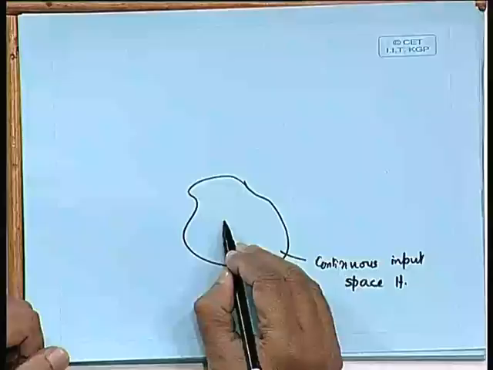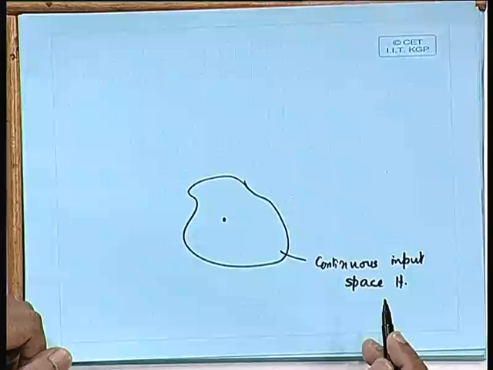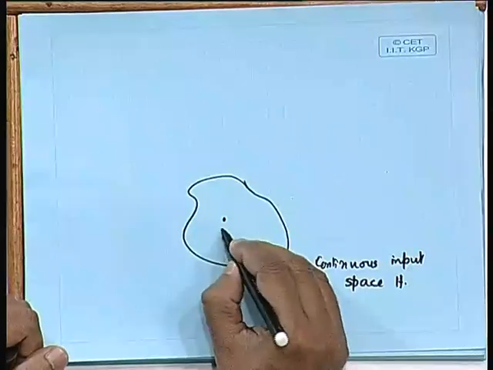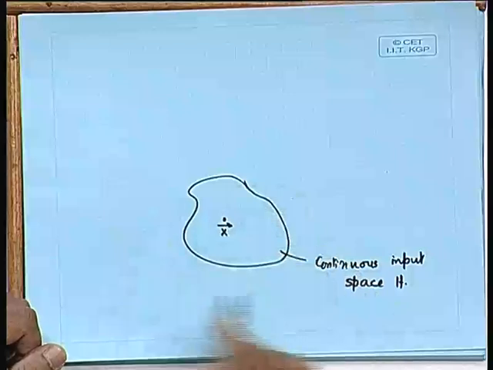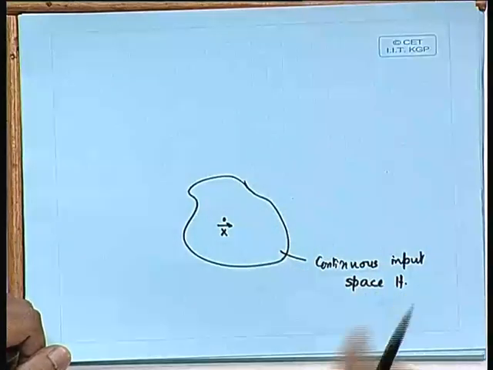So, this is some space that I have created in m dimension, and out of this I can pick up my input vector. Supposing I happen to pick up an input vector x from this continuous input space. Mind you, this is continuous.